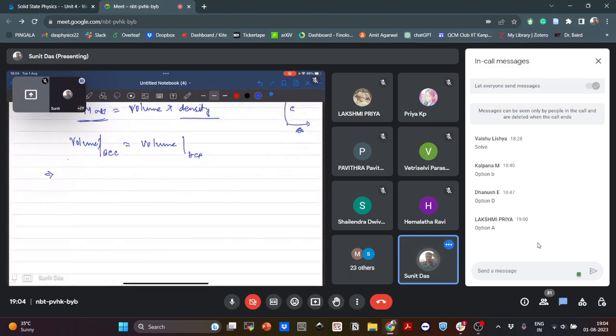Now what is the volume for the BCC structure? BCC structure is simply cubic, right? So it is a1 cubed. Let's say in the BCC phase the unit cell dimension is a1. And what is the volume of an HCP crystal? It's complicated to calculate. It's not complicated mathematics or physics wise, but it's lengthy and visualization has to be there to calculate this volume of the HCP phase. So I'm skipping that, but essentially it is given by this formula: a2 squared c, where a2 is this hexagonal, something like this one.